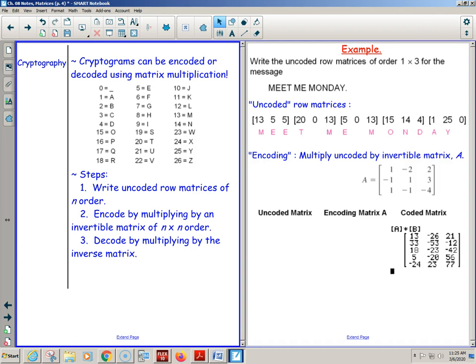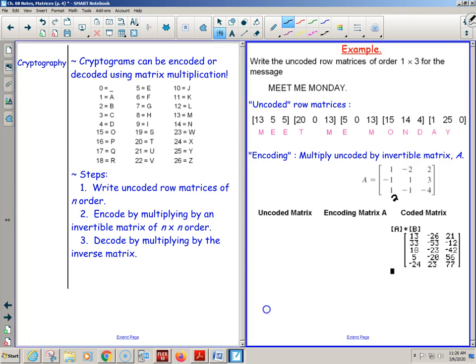But here's the crazy thing. If you take an uncoded message, going from the letters to numbers, what's M, what's E, what's T, and you split those numbers into the size of the encoder and multiply, the only way I can get back to my message is if I then multiply by the inverse.